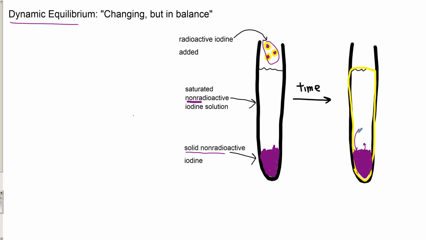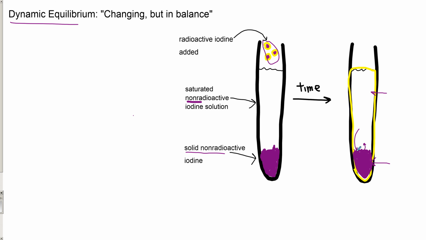And the longer you wait, eventually you'll have the same amount of radioactivity, the same strength of radioactive signal, coming from the solution and coming from the solid. So again, one molecule dissolves, at the same time a molecule from the solution crystallizes.